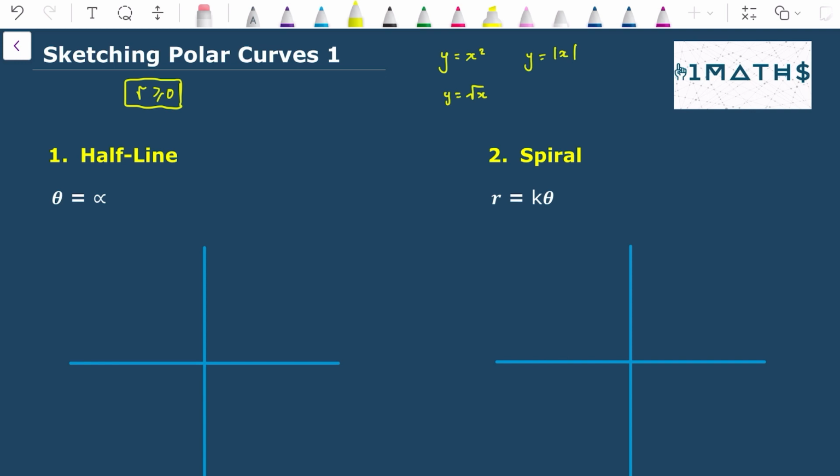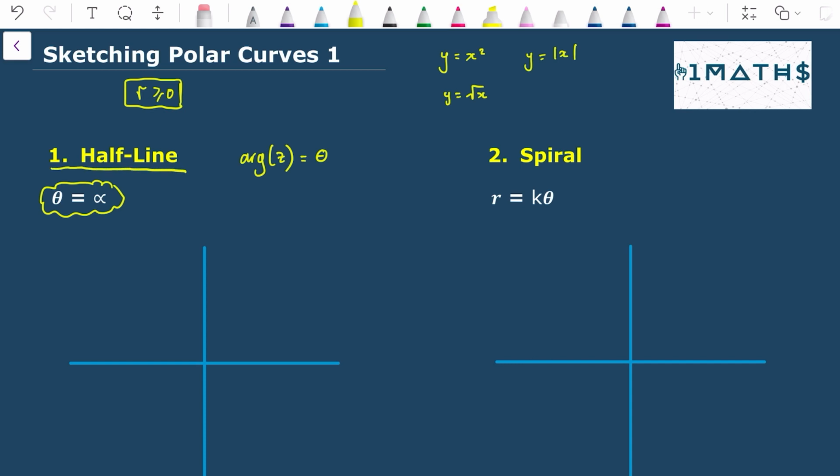The first type of equation I have is when theta is equal to some fixed angle alpha. And you might recall from loci of complex numbers, we also looked at something where we sketched the argument of z equal to that fixed value. And that gave us a half line. And I have the same thing happening here.